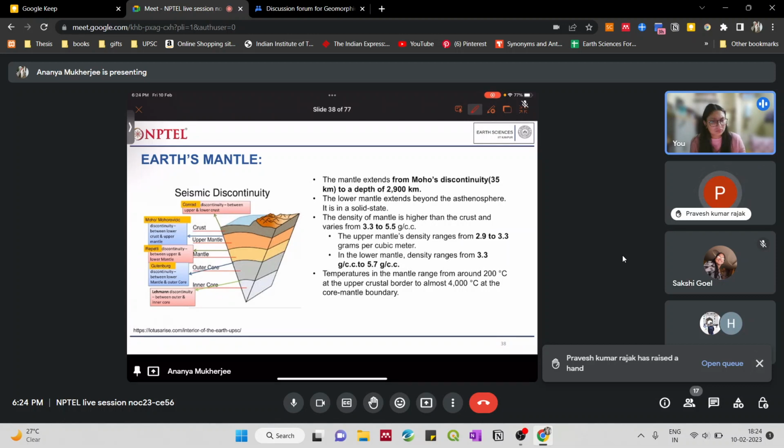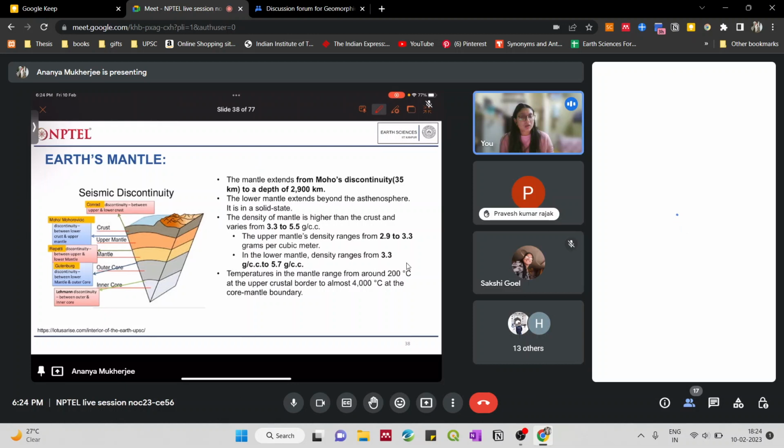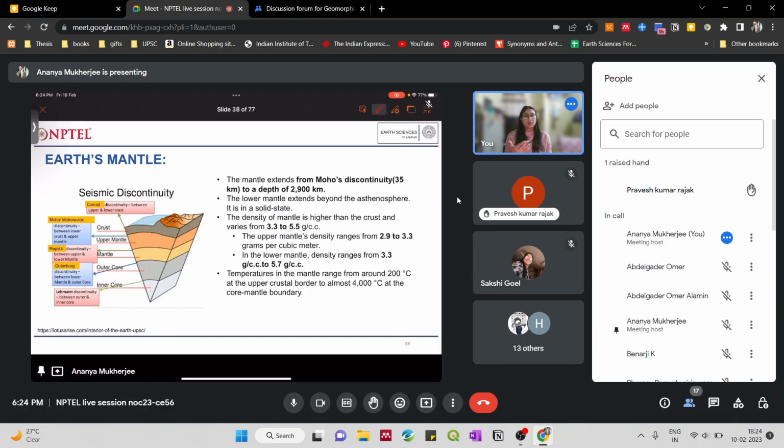See, as we mentioned before, with depth the temperature increases, and with temperature there are also pressure variations that we see. Because of that, it is partially melted, and it's because of that property only that the lithosphere is kind of floating on top of the asthenosphere.